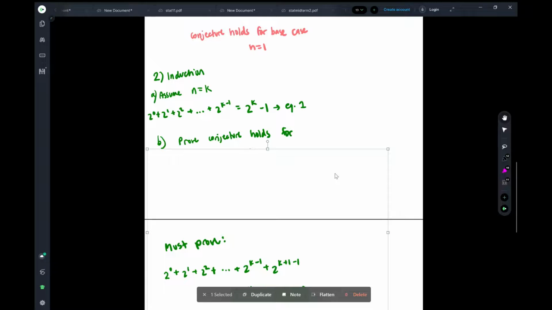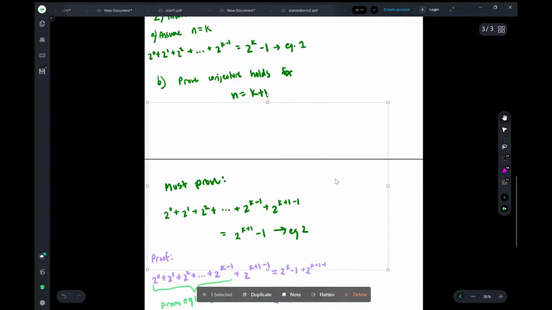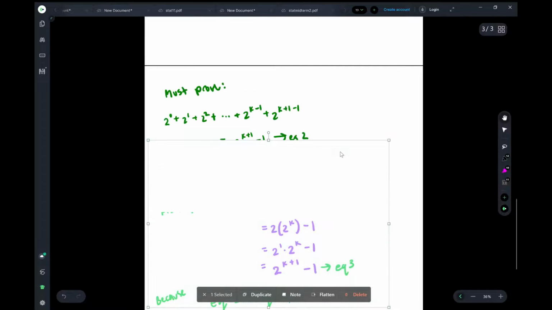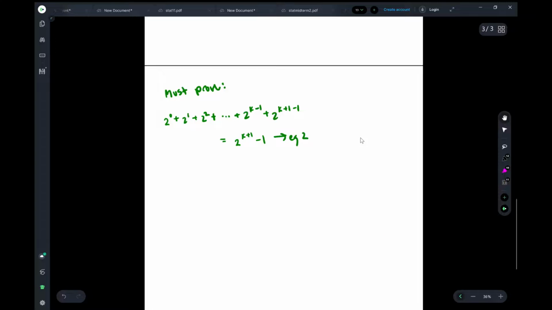Now we want to prove the conjecture for an even greater value than k, so k plus 1. To do that, we also want to substitute all the n values with k plus 1 in the original equation. We want to prove that 2^0 + 2^1 + ... + 2^(k-1) + 2^((k+1)-1) = 2^(k+1) - 1.